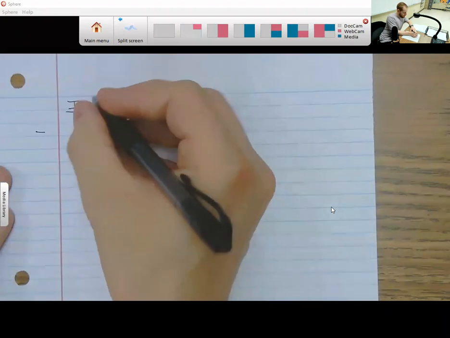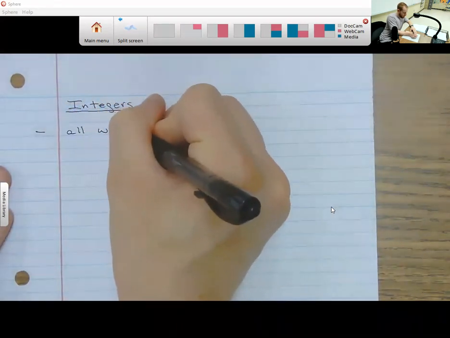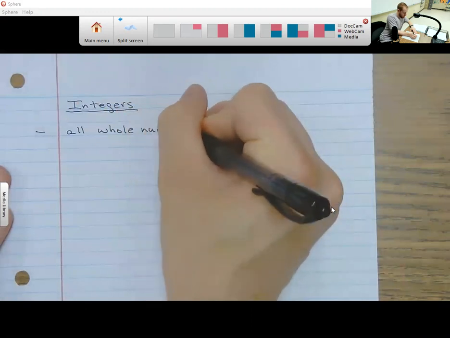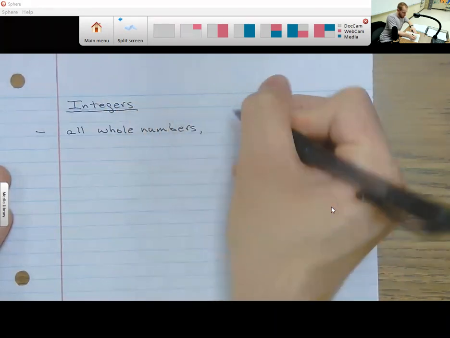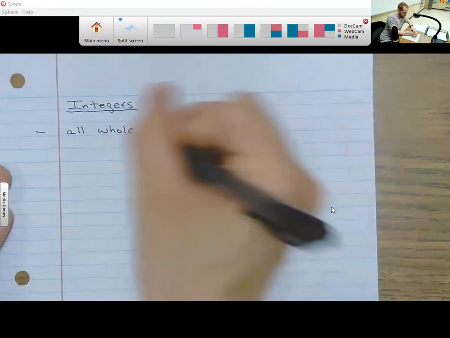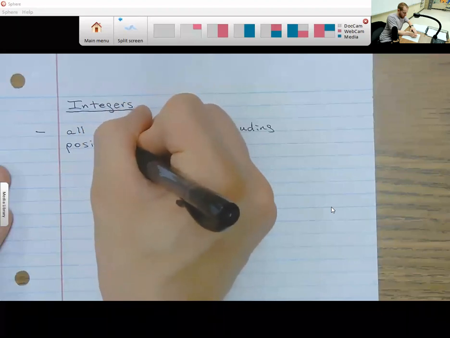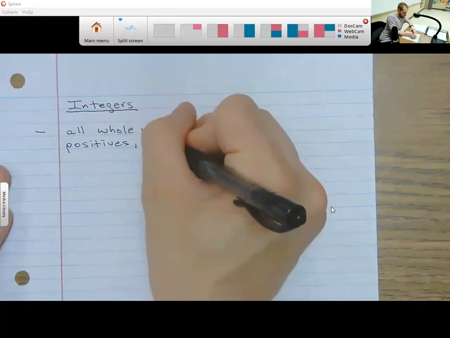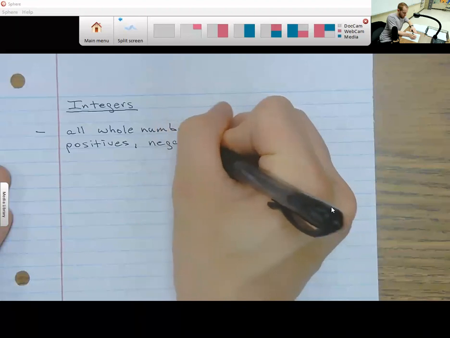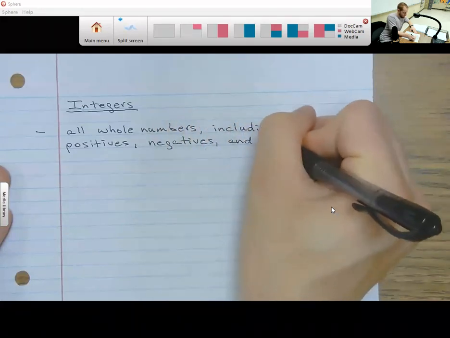Integers is all the whole numbers, including positives, negatives, and 0. All the positives, all the negatives, and 0.